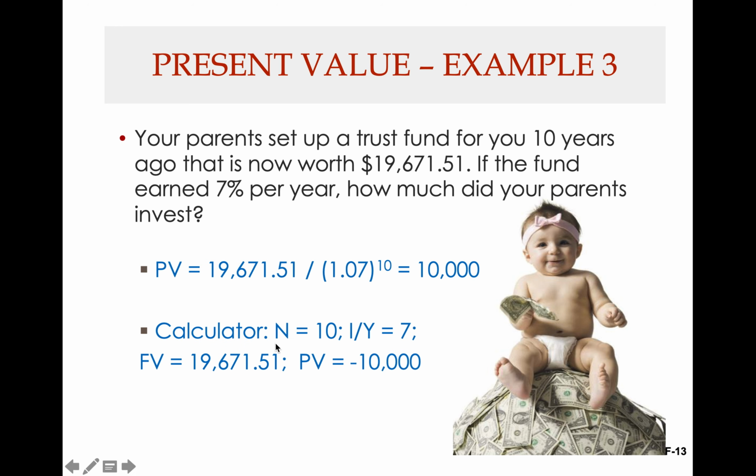Using your financial calculator, again, we enter 10 as the number of years, interest as 7, future value as 19,671.51. We press the PV button and we get $10,000.